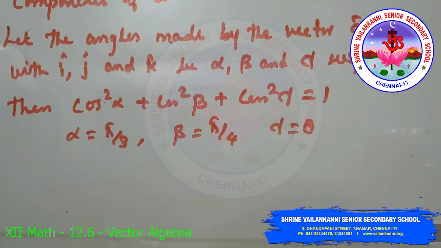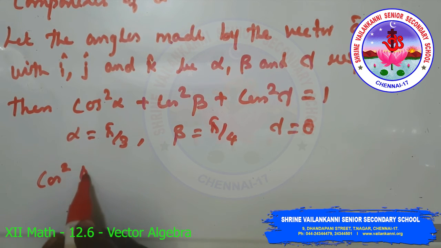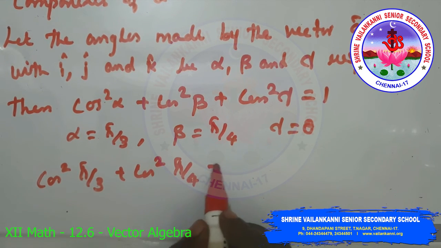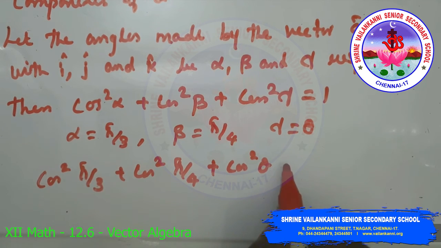Then cos square alpha plus cos square beta plus cos square gamma equal to 1. It's given that alpha equal to pi by 3, beta is pi by 4 and gamma is theta. So I have to substitute here cos square pi by 3 plus cos square pi by 4 plus cos square theta, which is equal to 1.